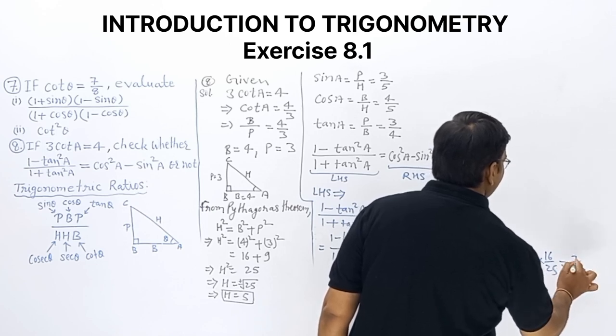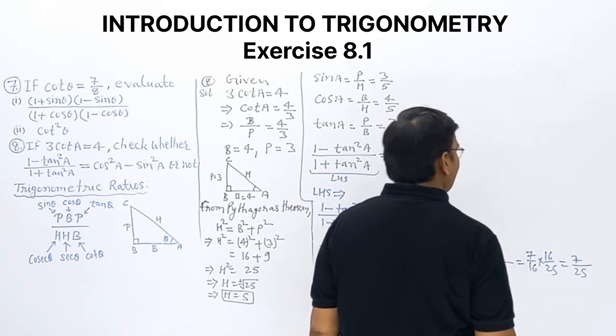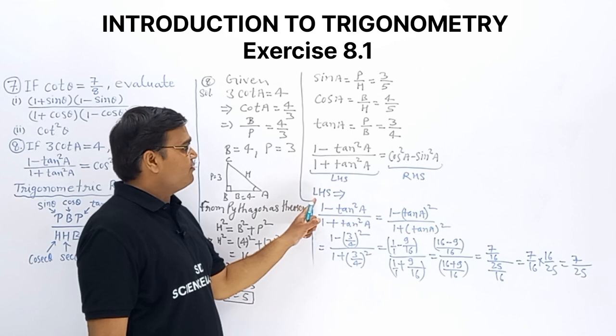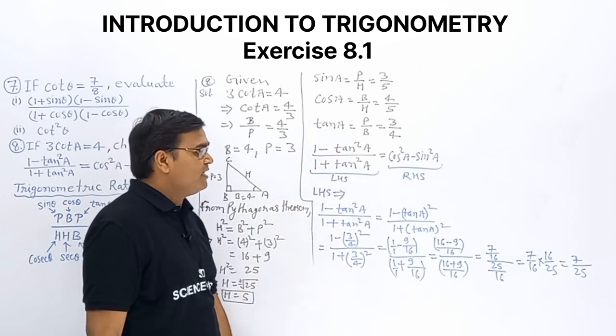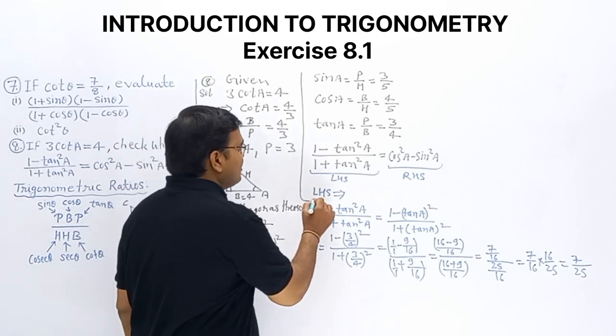So what is the value of this one? This is the left hand side. 1 minus tangent square A upon 1 plus tangent square A is 7 upon 25. This is the value of the left hand side.